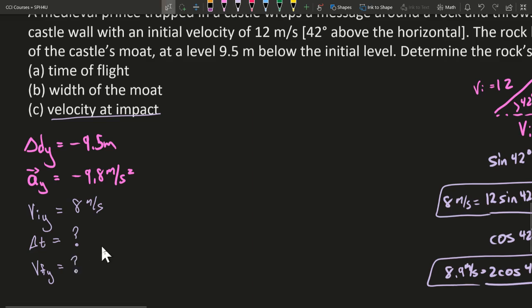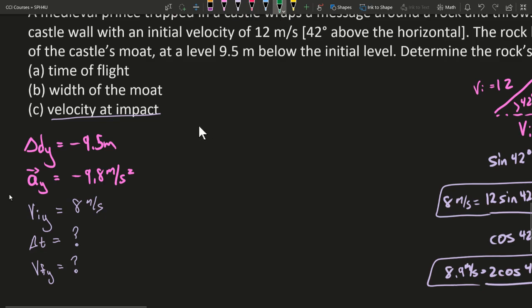And through a little bit of experience and having done this in the past a few times, I know that it's easier to find my final velocity y first and then my time rather than my time and then my final velocity. And the reasoning is, what I'm about to do, I'm going to erase.